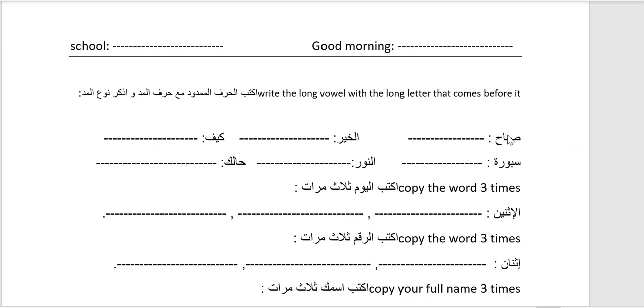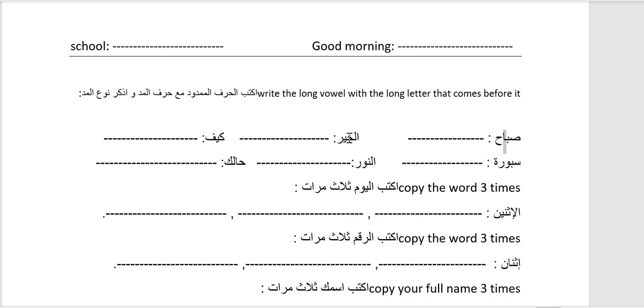This is the long vowel, the alif. So where is the long letter? The long letter is ba. Sabah. You see how it's long? So we have to write ba here.